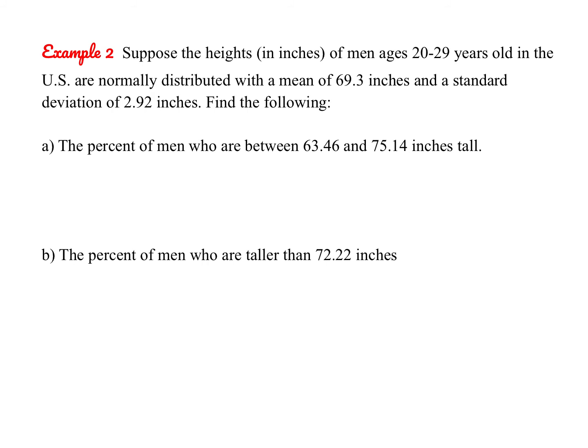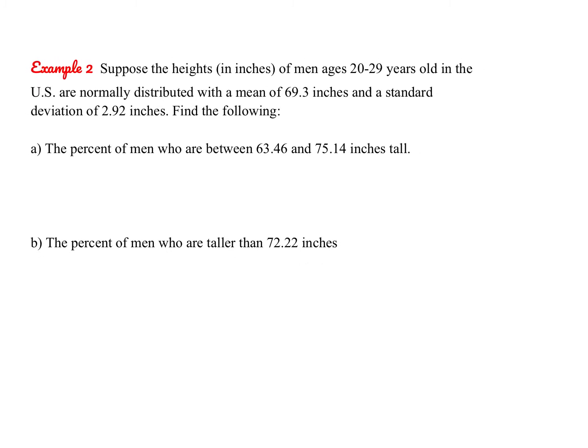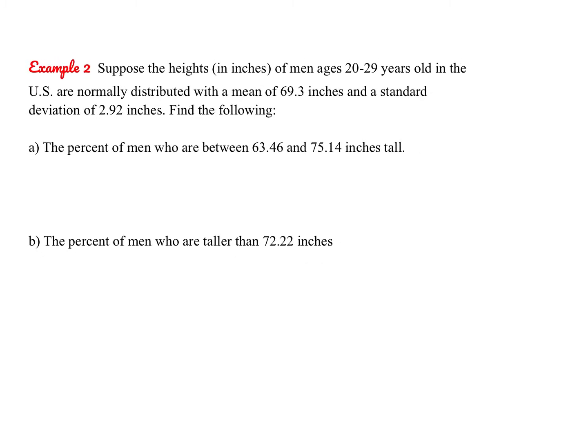All right, so let's look at this first one together. Here we suppose that the heights in inches of men from 20 to 29 years old in the US are normally distributed, and the mean is 69.3 inches, and the standard deviation is 2.92 inches. Find the following. So we want first the percent of men who are between 63.46 and 75.14 inches tall.